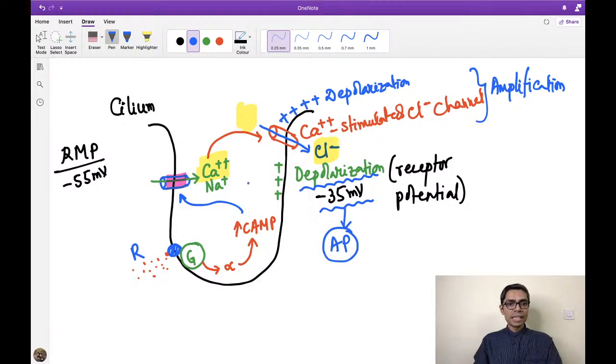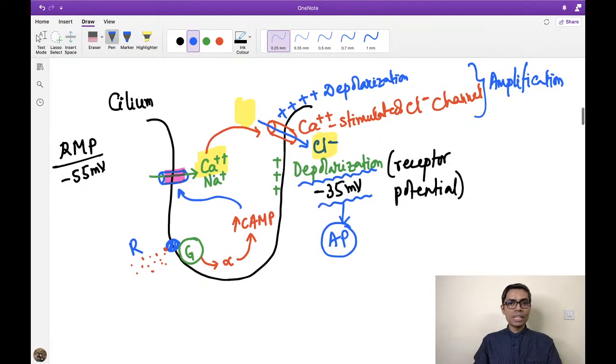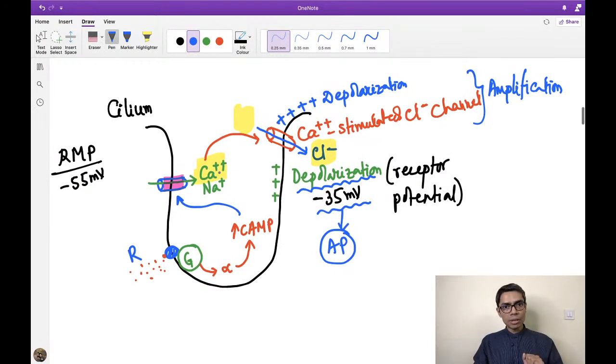What do you mean by that? If only the calcium channel or sodium channel is open, then the action potential will occur, but the voltage of this depolarization may not be very high. But whenever there is an additional chloride channel open, because the chloride is going out, further depolarization will occur, and that will amplify the signal.